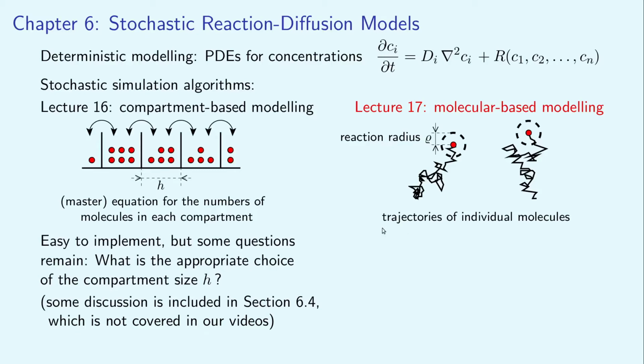If there are any second-order reactions in the model, then we will postulate that they will happen with a certain probability when two reacting molecules are at a specific distance, called the reaction radius. Fortunately, our first illustrative example does not have any second-order reactions, so it is easy to implement.